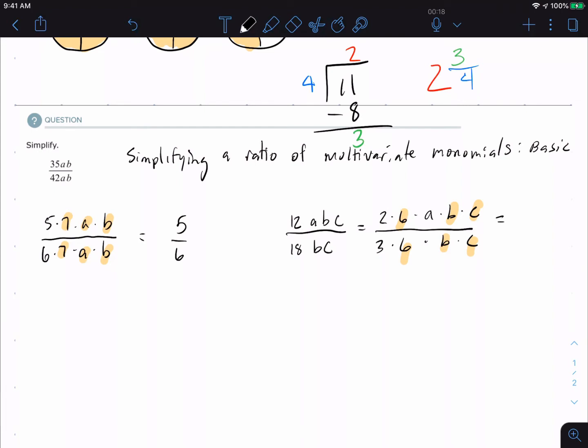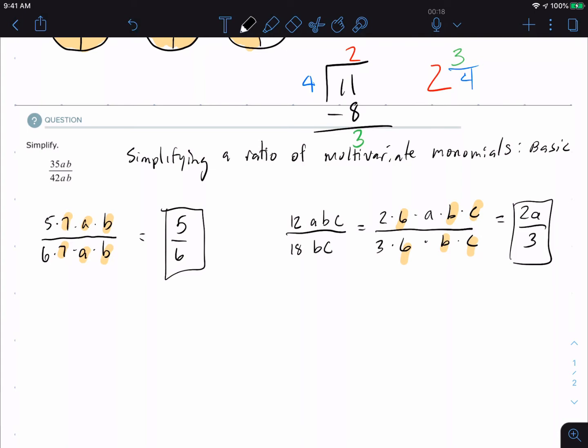And my answer here is going to be 2A over 3. Are we okay with that? Yeah, I'm okay with that. That seems pretty reasonable for you guys.